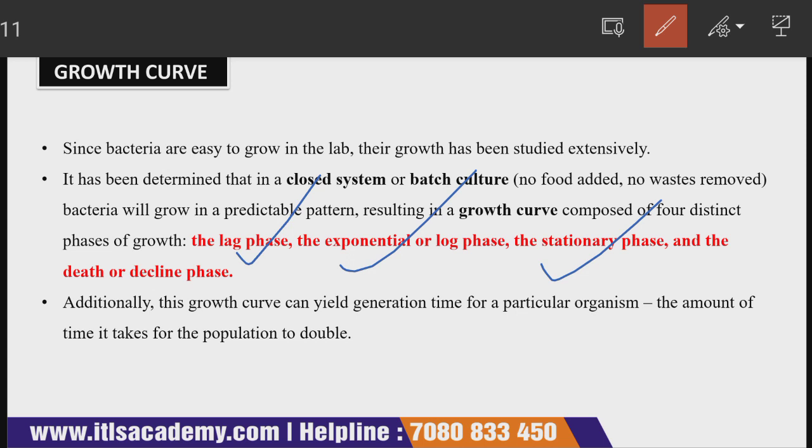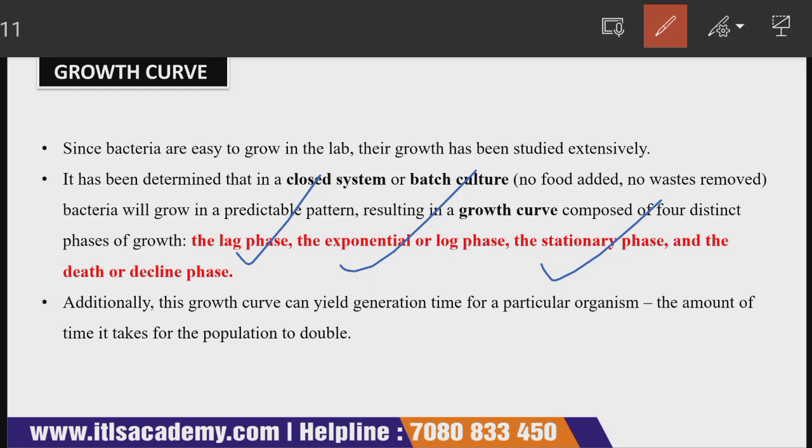Since bacteria can easily grow in labs, their growth cycle can easily be studied. It is determined that whenever it is a closed system or a batch culture, meaning no food is added, no waste is removed, everything is closed, then it is a closed system.